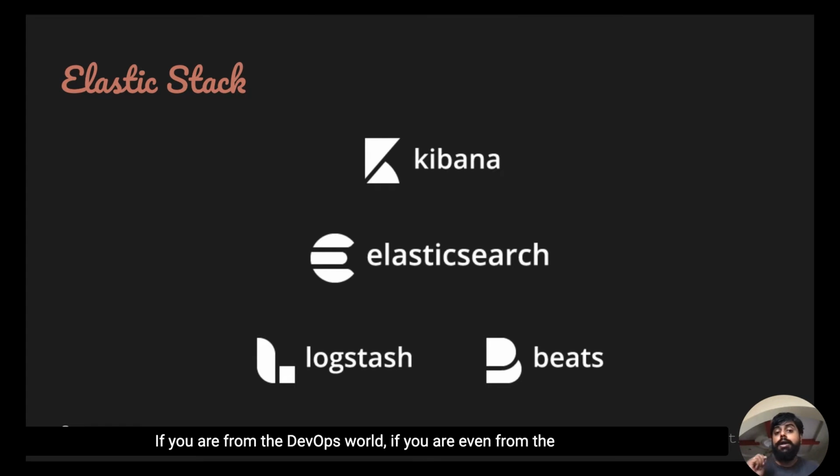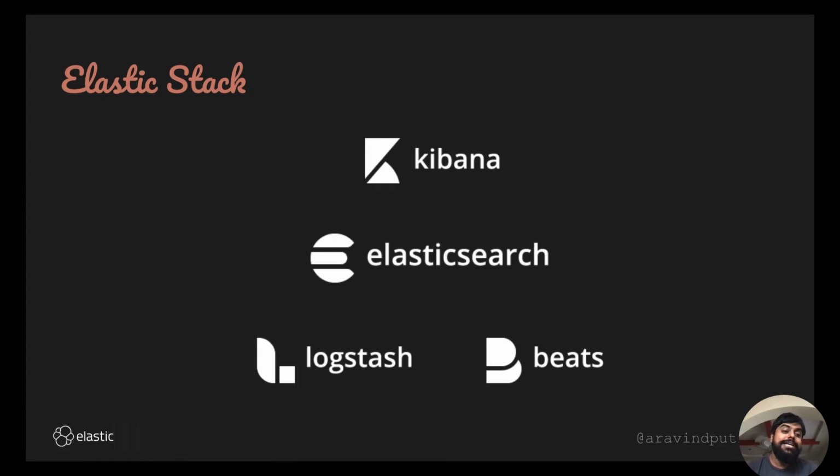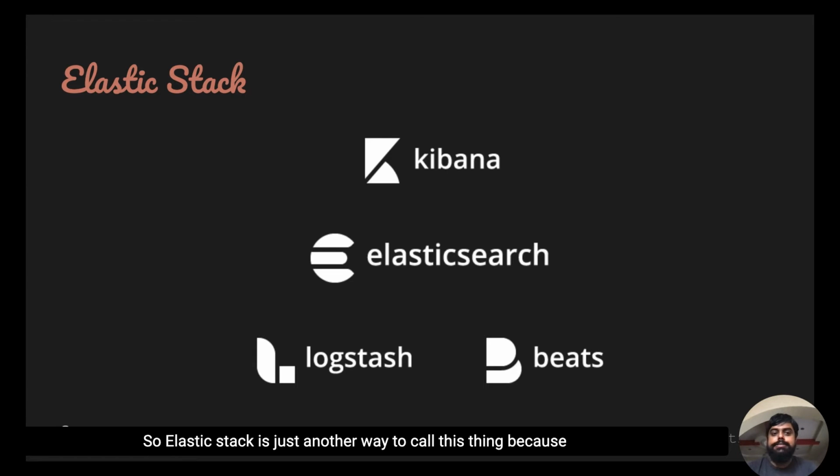Now, if you are from the DevOps world, or even the developer world, and have great knowledge of open source, you might have heard about ELK, which is nothing but Elasticsearch, Logstash, and Kibana. The trio is lovingly called the ELK stack, or ELK in general. Elastic Stack is just another way to call this, because there are so many components and we are out of acronyms, and it is now more than these three components.